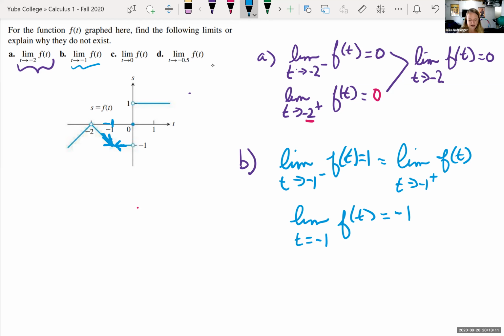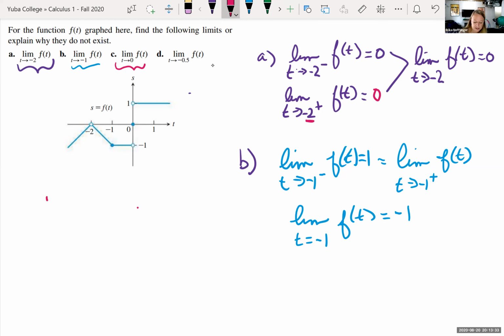Okay, so notice we are going to have a problem for the second piece as we look at what's happening to the graph's y values as t is approaching 0. Notice there's a jump in the graph when t is equal to 0, and so we're going to get different values depending on what side we're coming in on.